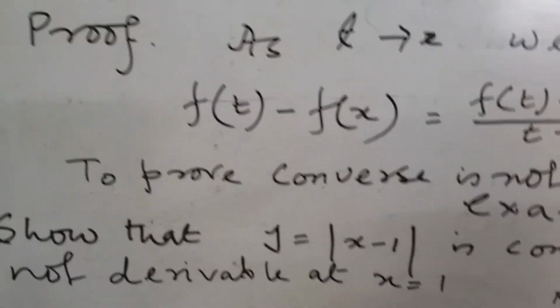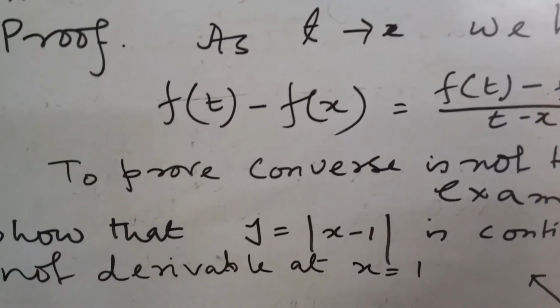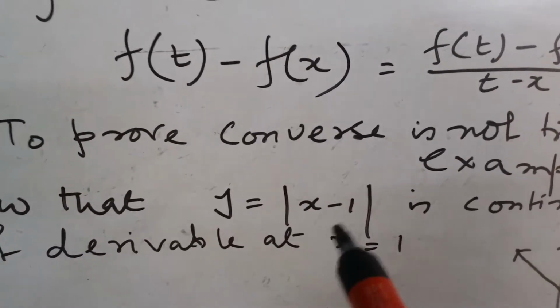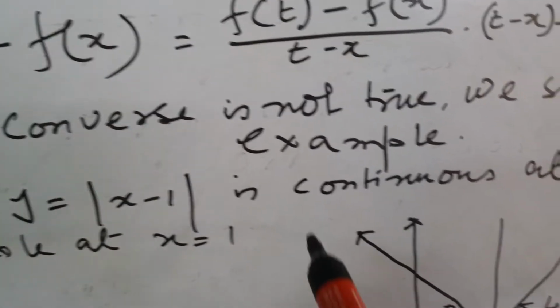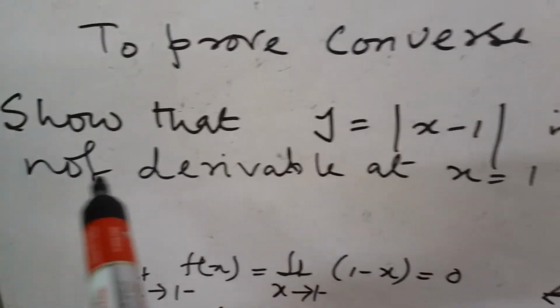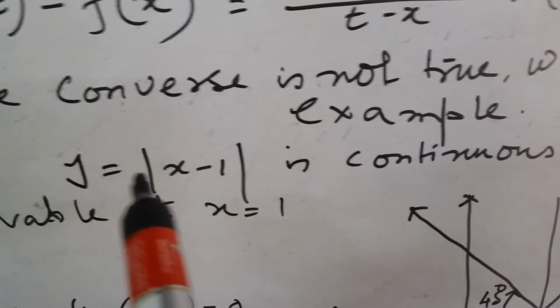But the converse is not true. To prove it, we show an example. y equal to mod x minus 1 is continuous at x equal to 1, but not derivable at x equal to 1.